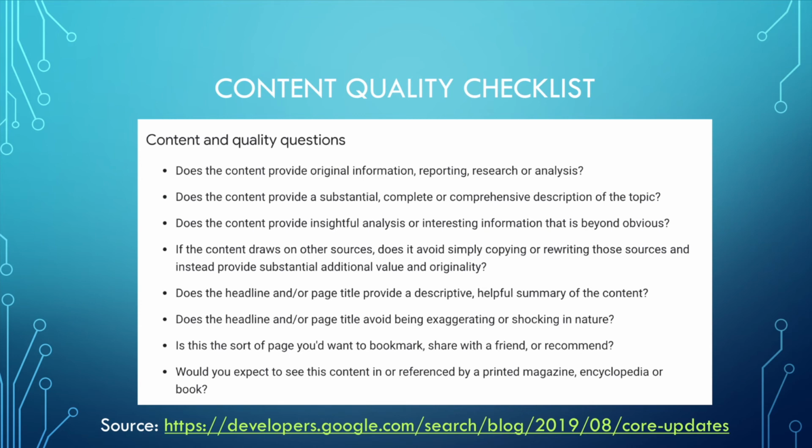If the content provides a substantial, complete or comprehensive description of the topic. If the headline or page title, H1, H2 tags, all of that, are in line with what users can expect to find on the page. And the checklist of course goes on, which you can read more about by clicking this link, and I'll include it as well below.